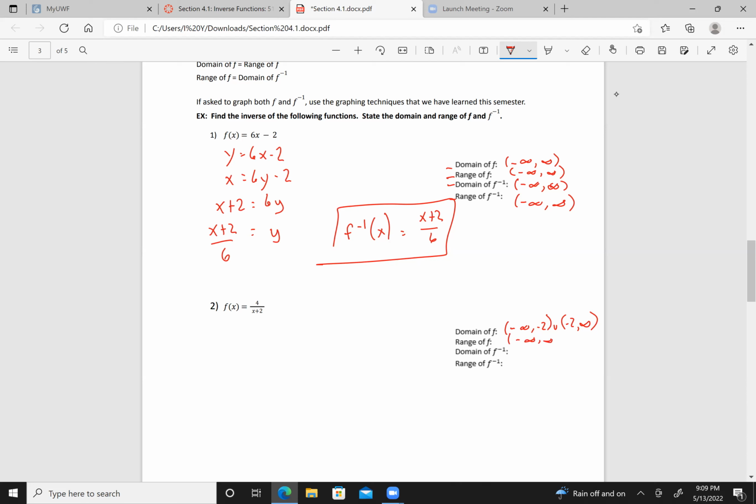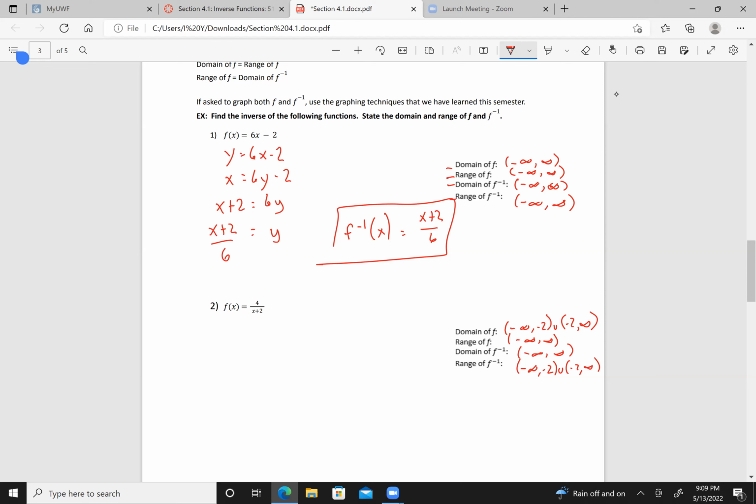Negative infinity to infinity. Now remember, the domain of f inverse is the range of f. So negative infinity to infinity. And the range of f inverse is the domain of f. So negative infinity to -2, union with -2 to infinity.